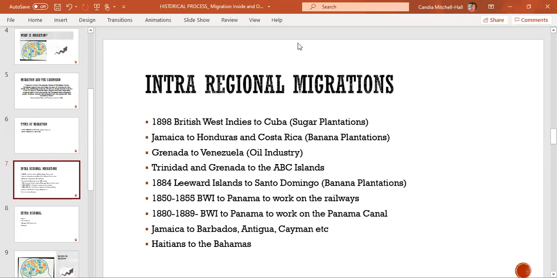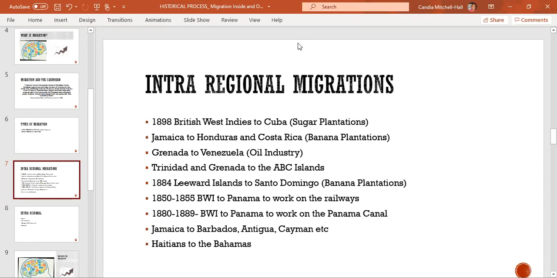Sorry about that. Let us pray that the internet don't go. All right, so from as early as 1898, after the Spanish-American War, the Cubans gained their independence from Spain. And so there was a void on the sugar estates or plantation there.